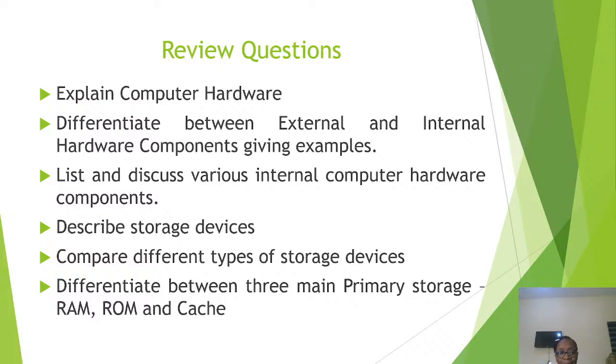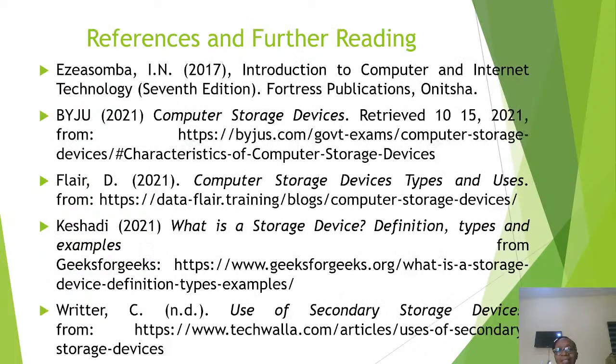You can describe storage devices, and you can also compare different storage devices. We'll also be able to differentiate between the three primary storages, that is the RAM, the ROM, and the cache. If you're able to answer these questions well, which I know you can from what we have done today, then you have actually understood today's class.